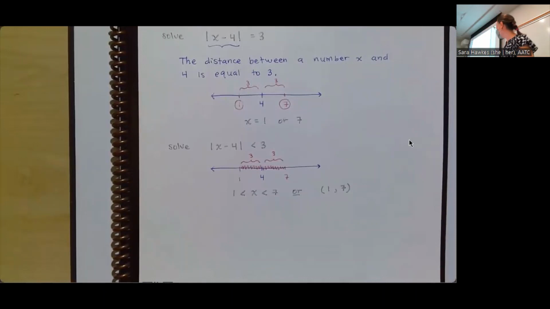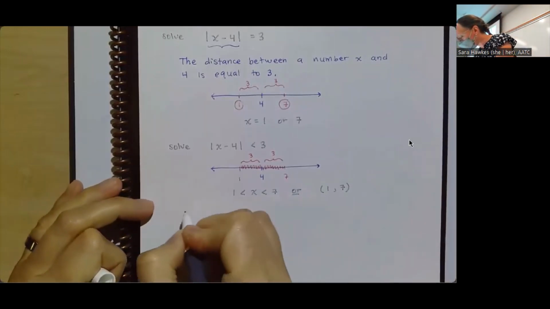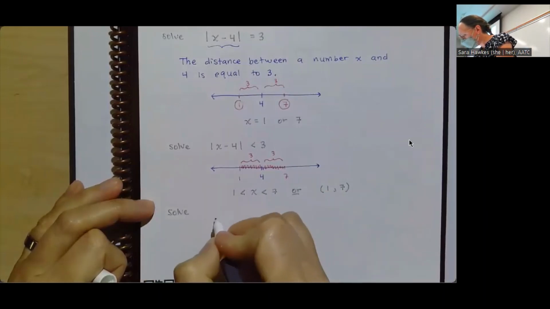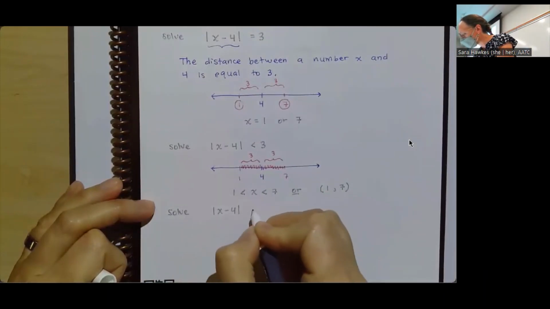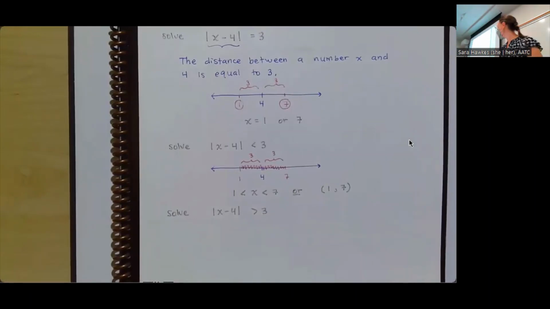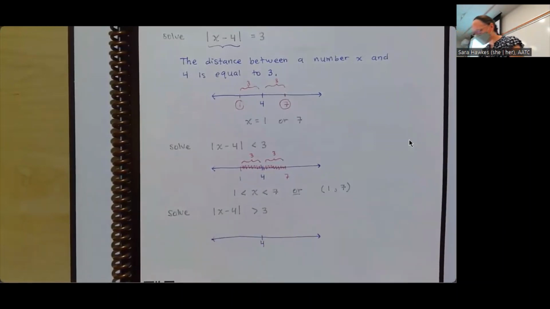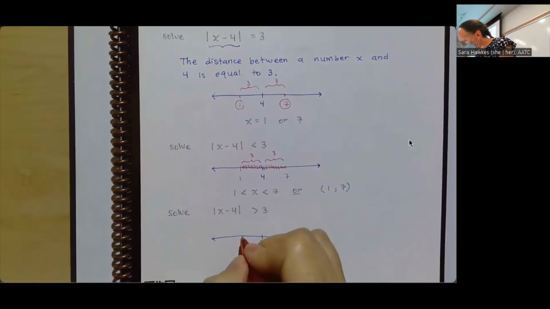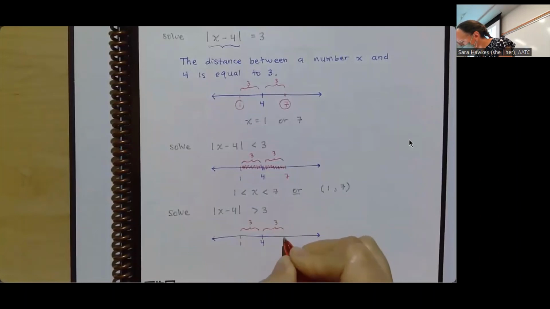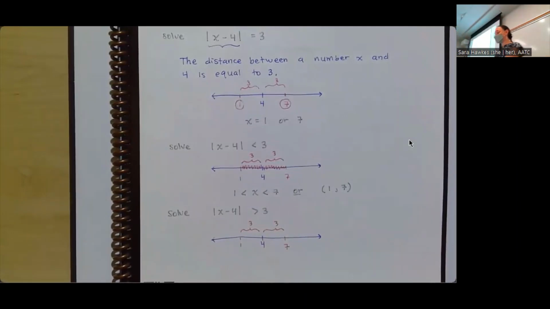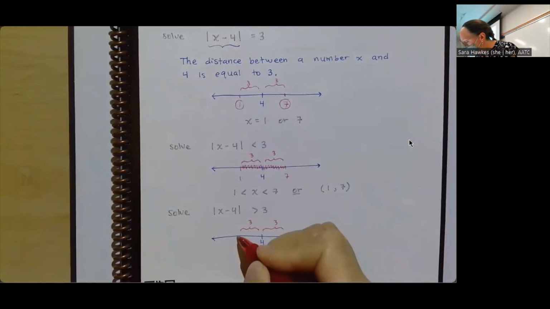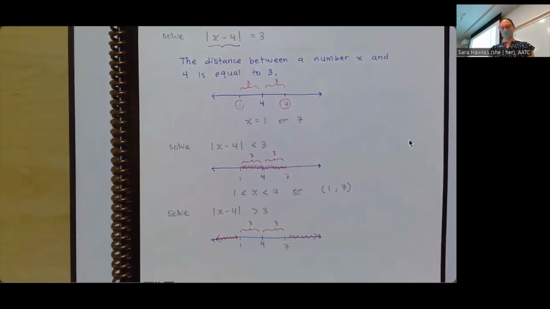For completeness, might as well get the other one in here. And if I have the absolute value of x minus 4 is greater than 3, same number line. Here's 4. Going 3 in either direction. But this is saying the distance between x and 4 is more than 3. So I'm more than 3 away from that 4. I'm out here on the edges.